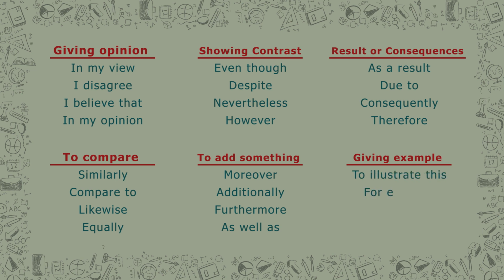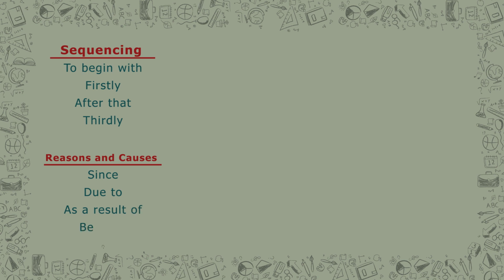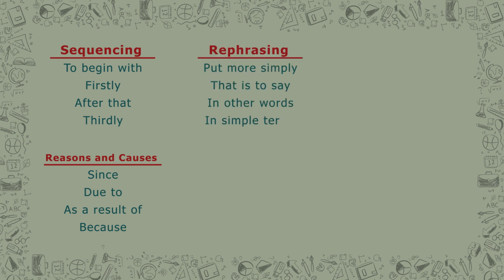To show or use examples, you can say to illustrate this, for example, for instance, in other words. In sequencing, you can use to begin with, firstly, after that. To show reasons and causes, you can say since, due to, as a result of, because. For rephrasing, you can say put more simply, that is to say, in other words, in simple terms.